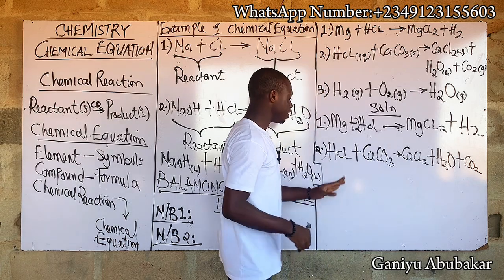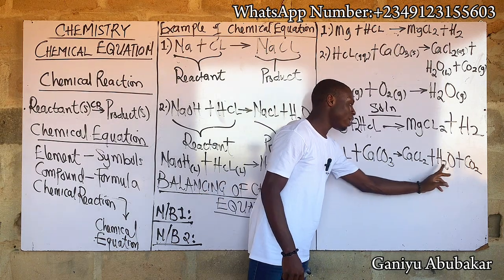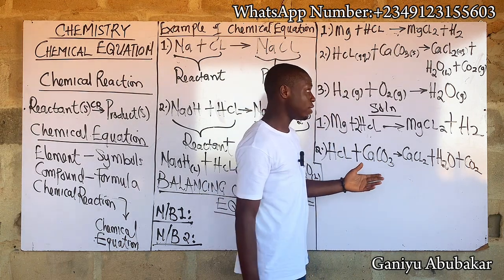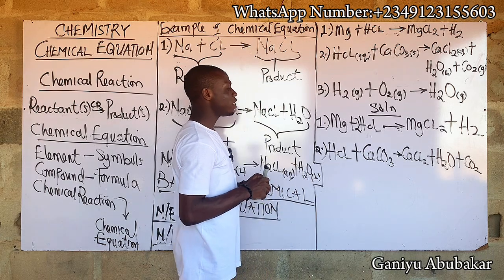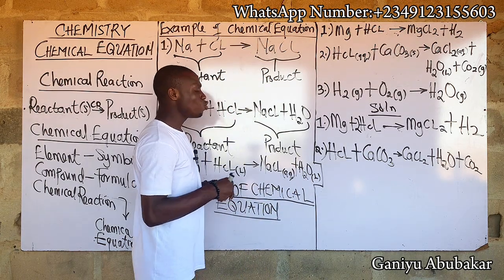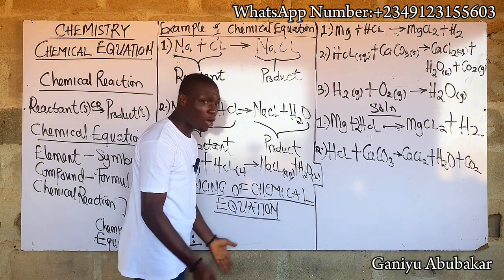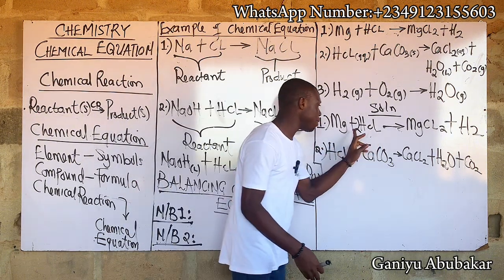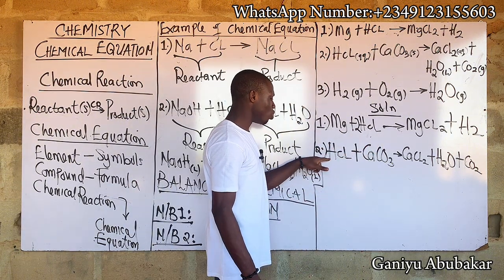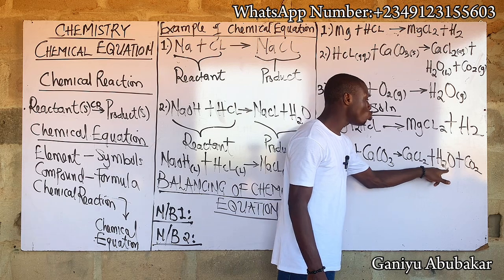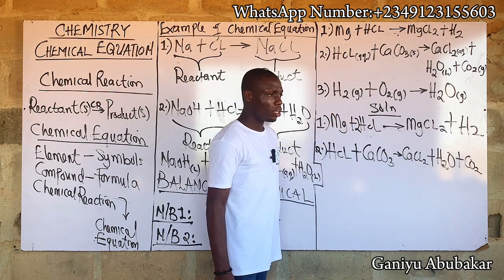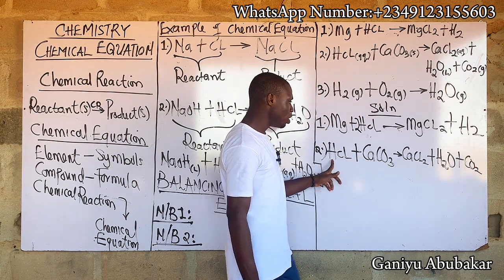I ignored the state of matter due to space, right? So let's solve this, please. Now let's balance this equation. We said to balance an equation, we are not dealing with subscript, just whole number coefficient. That's all. Hydrogen is 1 here. Hydrogen is 2 here.